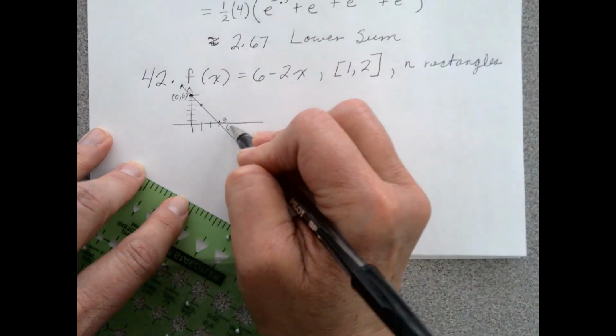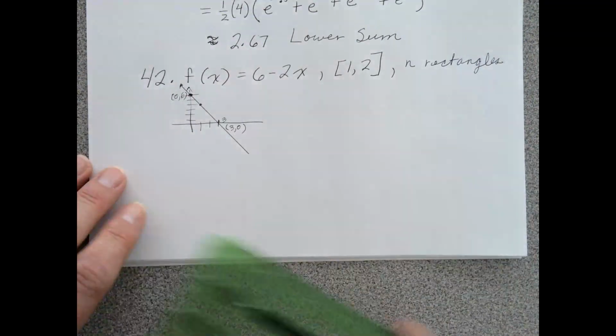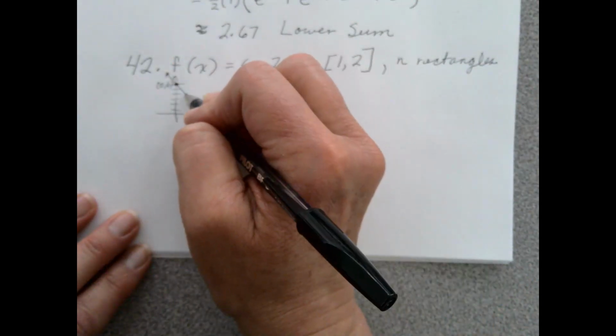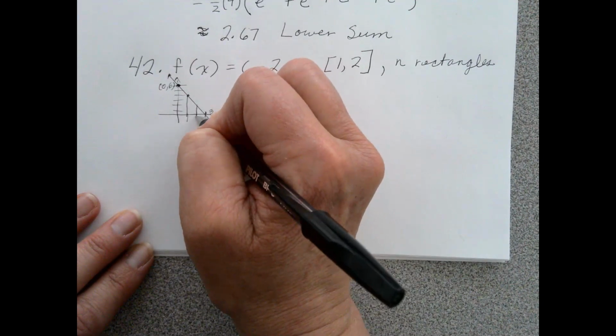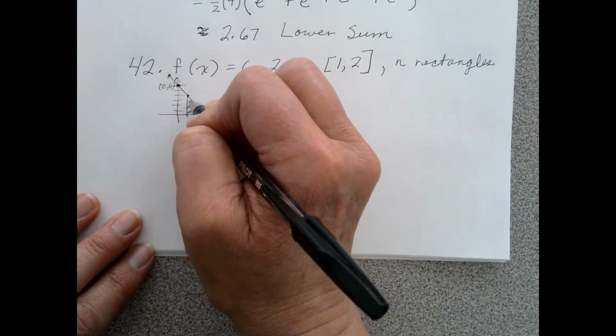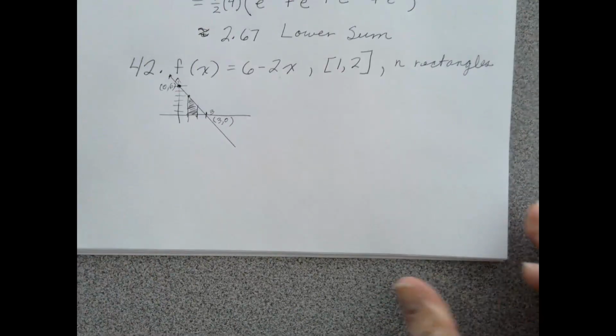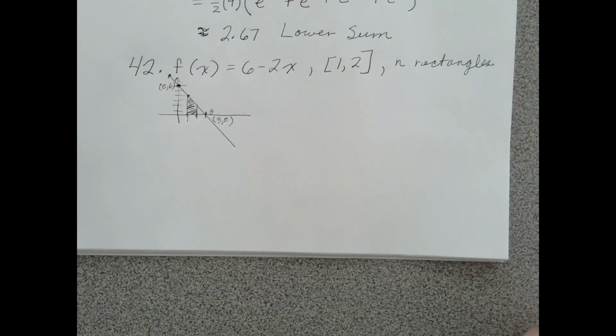So that's (3, 0). Okay, and we're only looking between 1 and 2, so from here to here, this is the area that we want to estimate, and we are going to have n rectangles.